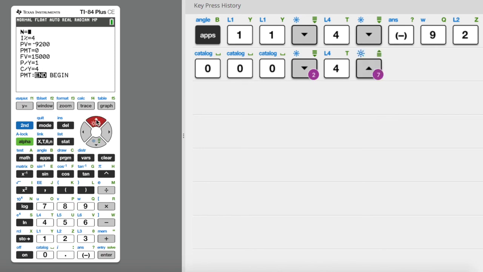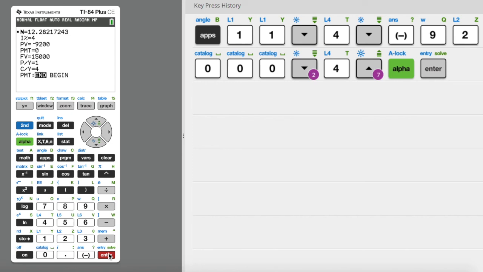So now we have entered all the givens. Move your cursor to your unknown, in this case how many compounding periods. And then to solve, we press alpha enter, because look at the green letters above the enter button is solve. And here we go, 12.26 years.